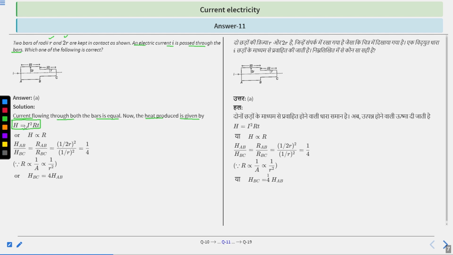So here H is directly proportional to R, meaning the heat produced is directly proportional to resistance.